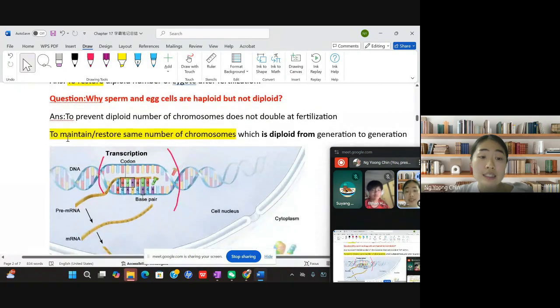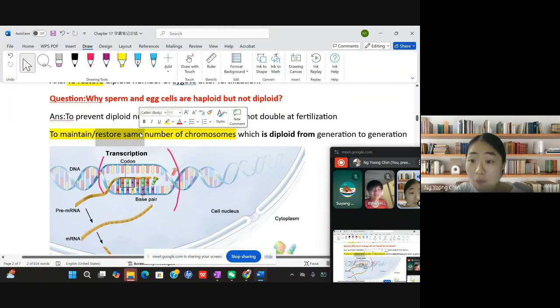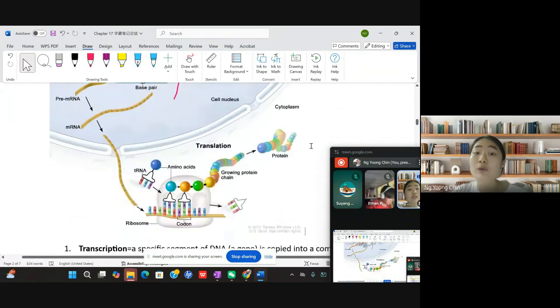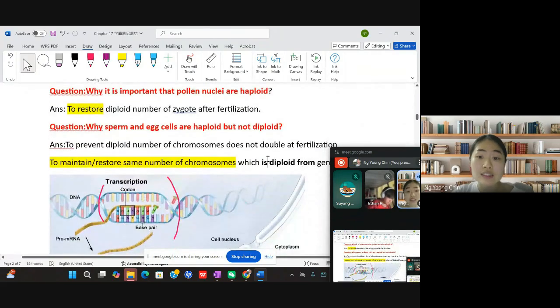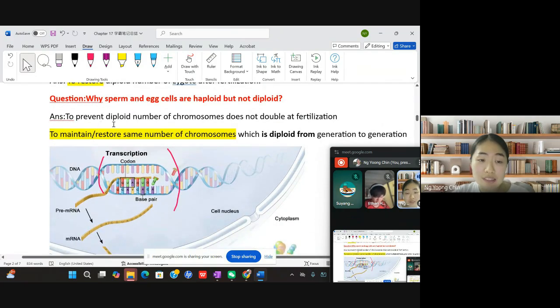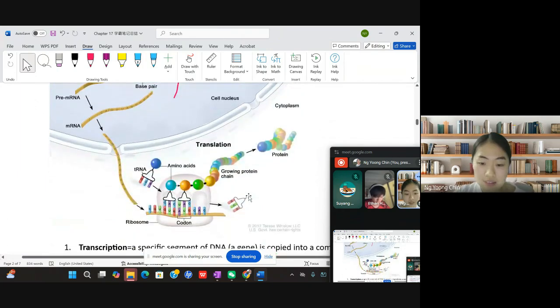It's because they want to restore the diploid number of chromosomes after fertilization. And also, they cannot become diploid, right? It's because they want to prevent the diploid number of chromosomes from doubling at fertilization. So that's why they need to undergo meiosis to separate their chromosomes, separate their sister chromatids. That's the story, okay?